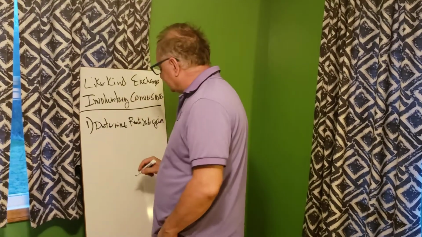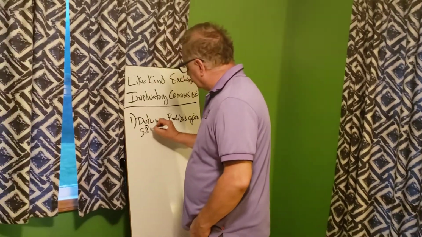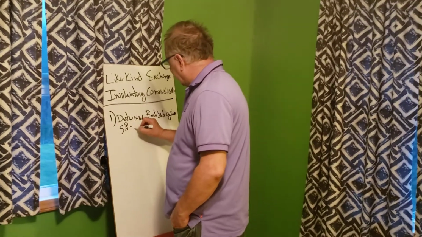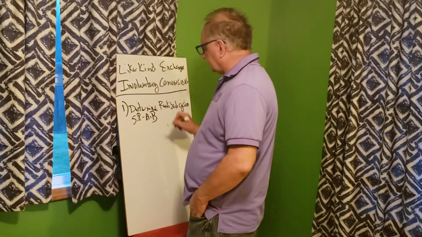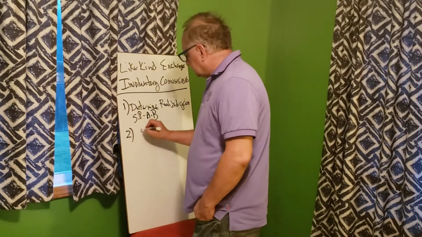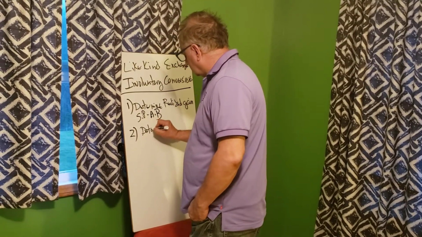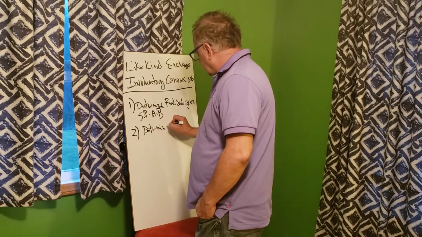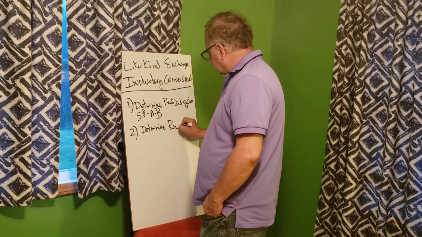And my realized gain is going to be sales price minus my adjusted basis. Number 2, determine recognized gain.